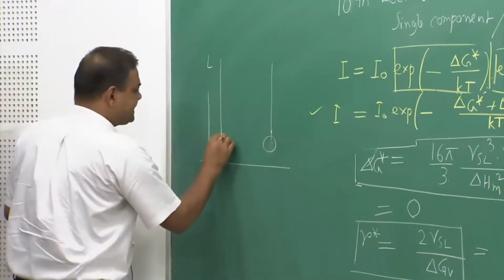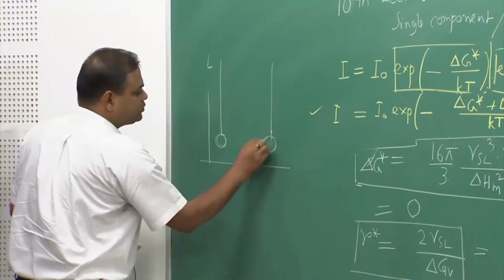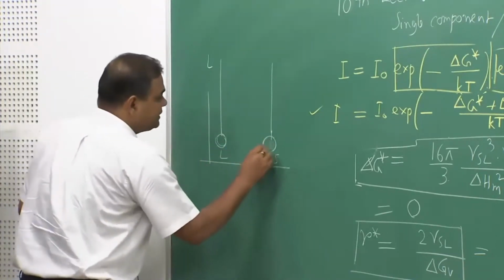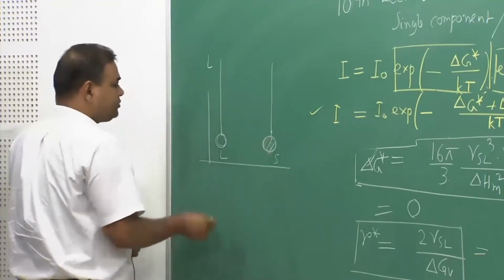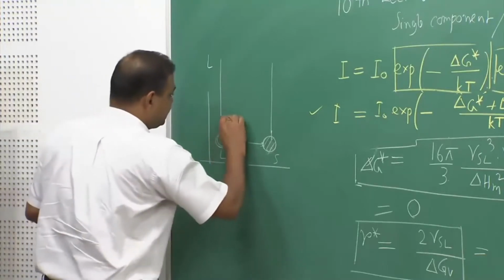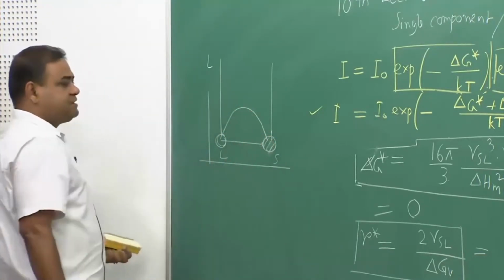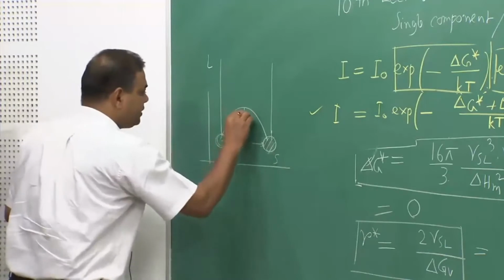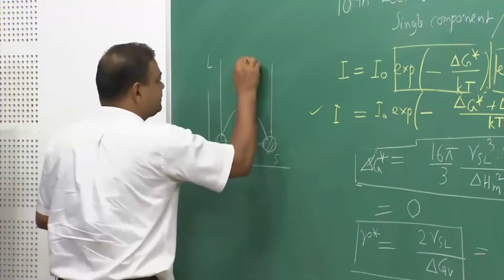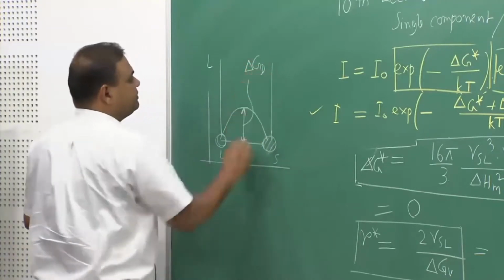Let us say this solid atom position is vacant and this liquid atom takes the solid atom position. So, it cannot go like this. It always takes a path like this, which is governed by a kind of activation energy. So, this activation energy is nothing but delta GD.